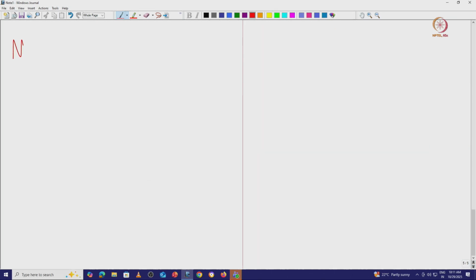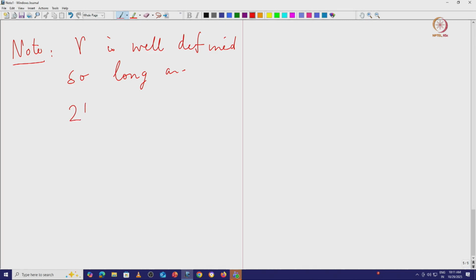So note that gamma is well defined so long as 2 times norm v by delta times the absolute value of t is less than epsilon, right, because gamma v tilde is defined on this interval minus epsilon to epsilon.